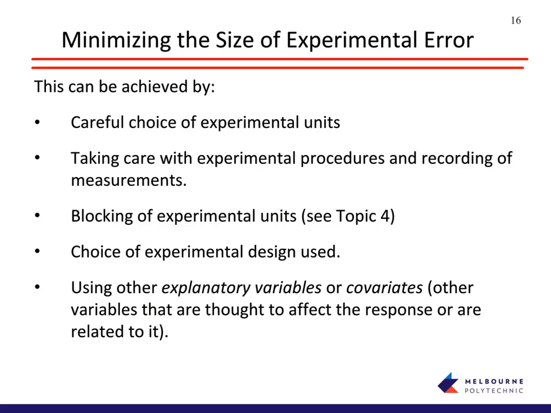So for example, if we have a paddock where there's a dam at one end and we apply a particular treatment to experimental units at the dam end of the paddock and then a different treatment away from the dam, the presence of the dam at one end may actually bias our results and increase experimental error. We're getting a result not due to the treatment, due to extraneous variation.